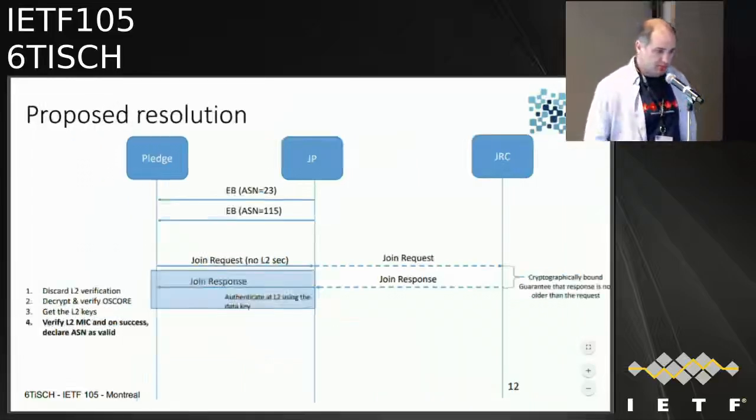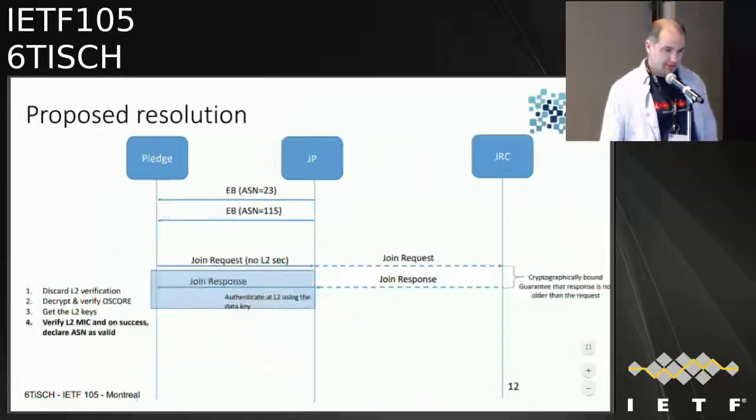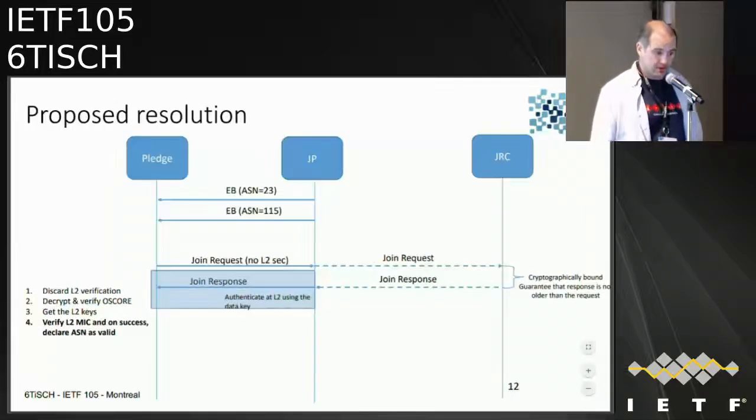So the proposed resolution is quite simple, but it involves some cross-layer signaling, some cross-layer operations. We had a side meeting involving me, Tero, and we also discussed with Pascal the proposed resolution, how we should approach this problem.